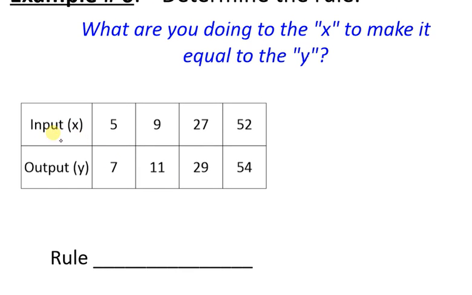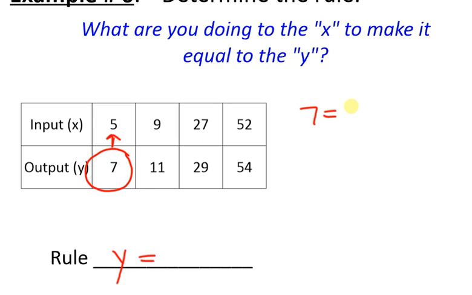Okay, so here again we have input, output, x and y. So my rule always starts with y equals. I'm going to circle my first y, which is 7. 7 equals. Now the x that goes with it is 5. How do I get from 5 to 7? Well, I could add 2.